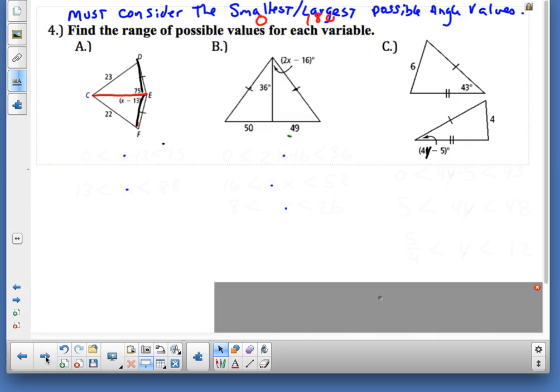That other angle that's not 75. The smallest it could be is 0. So I have a range between 0 and 75 with x minus 13 in between. Now remember, 75 is the largest angle because it's across from the longest side that we're comparing. That's why I'm able to set up what I did.